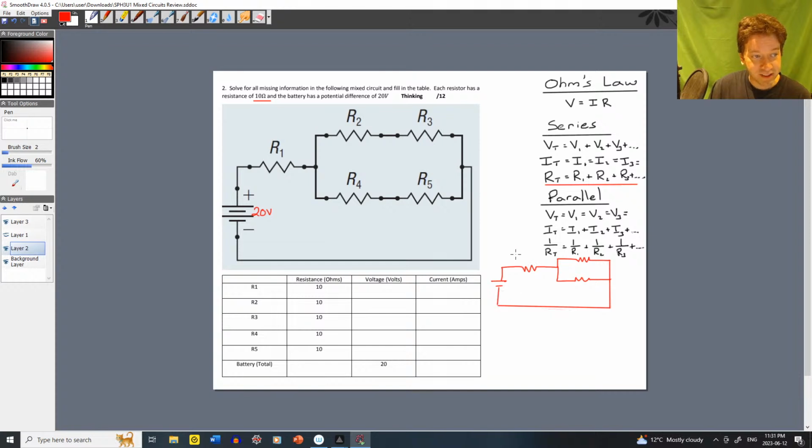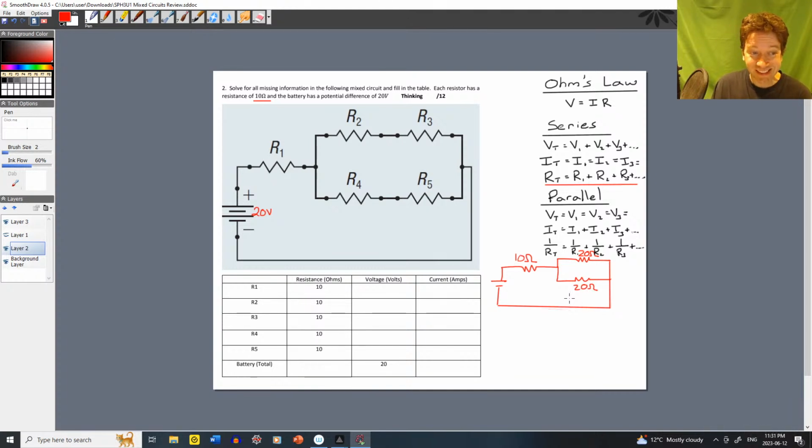So this is still 10 ohms, but here we have 10 ohms plus 10 ohms. So this one is 20 ohms. And these two are both 10 ohms as well, so they add to 20 ohms. Now, like I said, this is still a mixed circuit.